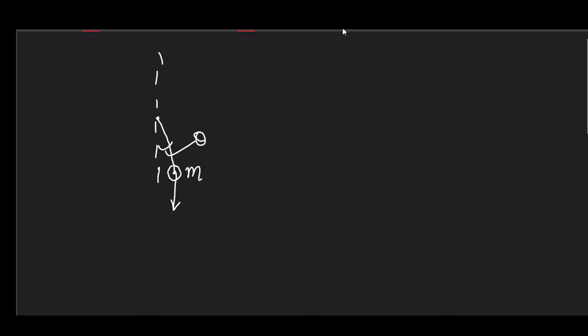If the mass is M and the length of this massless string is L, then we can write that the angular velocity with which this pendulum is moving is omega, and we can find that this system has two equilibrium points. But okay, first let us obtain the state model.